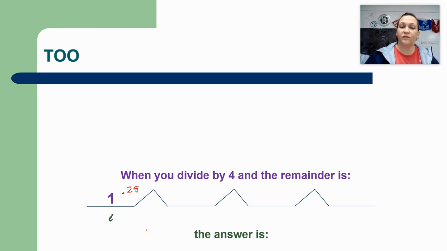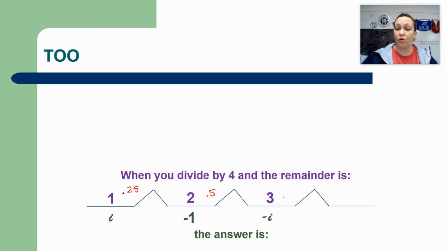All right, so when you divide by 4 and the remainder is 2, then the answer is -1. And to get a remainder of 2, you would get on your calculator 0.5, right? Because 2/4 is the same as 1/2. Okay. When you divide by 4 and the remainder is 3, then the answer is -i.